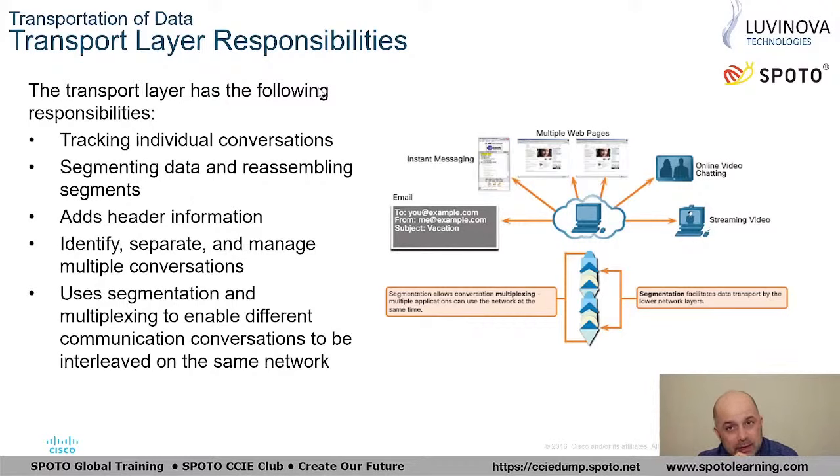Every layer also adds its own header with its own information: the transport layer adds a header, the internet layer adds a header, the data link layer adds a header, and so on. So segmentation and multiplexing enable different communication conversations to be interleaved on the same network.